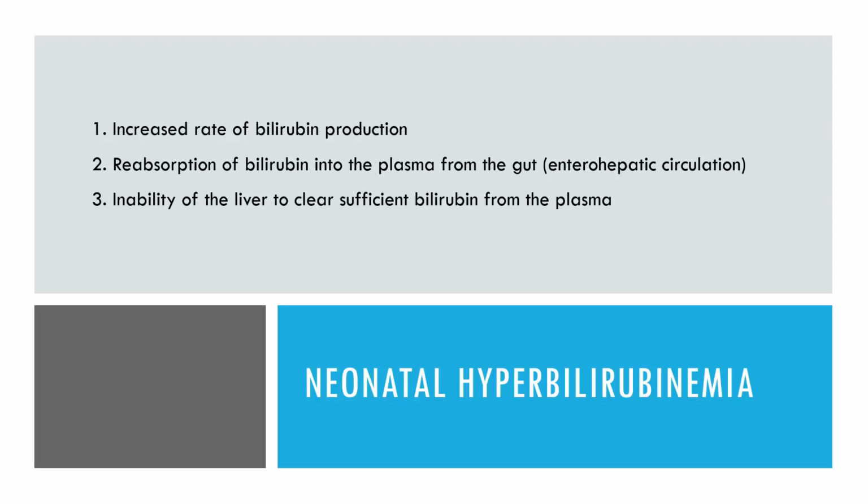You've got reabsorption of bilirubin into the plasma from the gut via the enterohepatic circulation. Or you've got the inability of the liver to clear sufficient bilirubin from the plasma, so the liver is not working well. Those three general events, conditions, scenarios, whatever word you want to use, are usually why the body is having this hyperbilirubinemia.